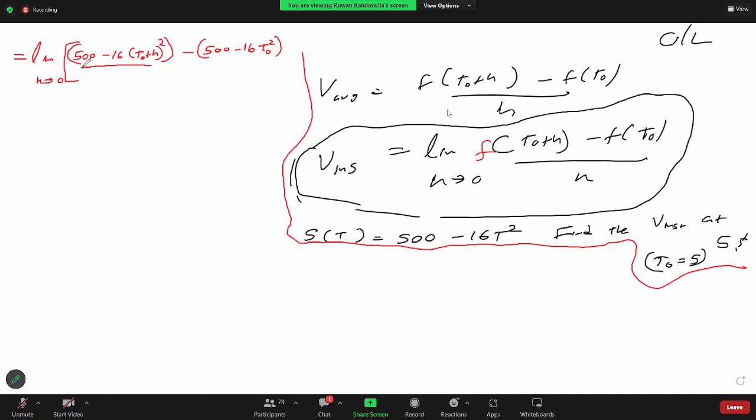Then divide by h. So this, I delete this one.